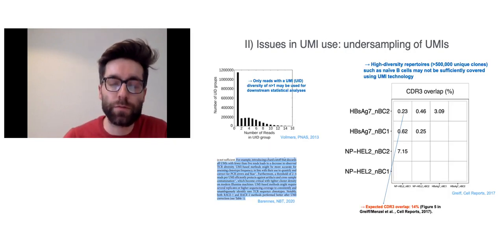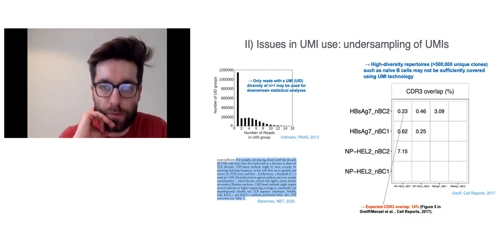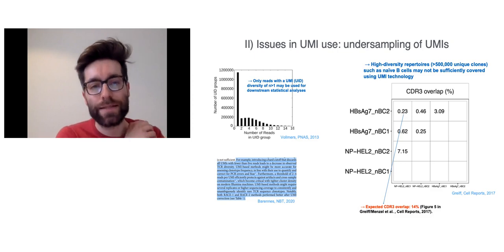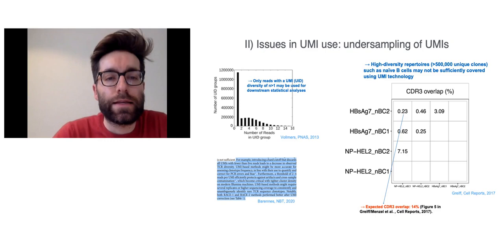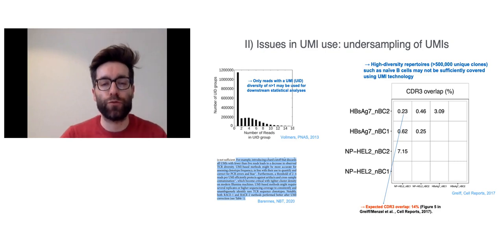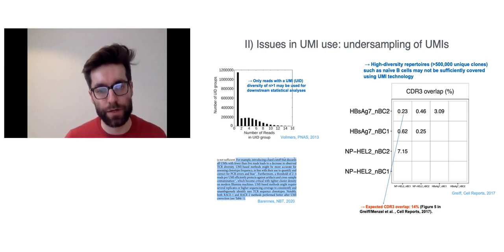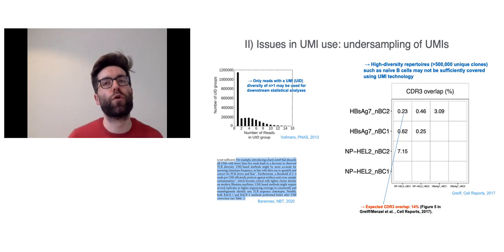But the most important problem with undersampling and UMIs is that you have to have at least 3 UMIs per transcript to build the consensus read. And that means you have to over-sequence a lot.